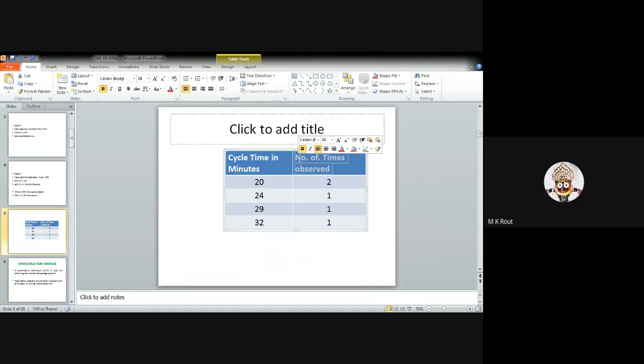The standard time of making a bolt. The performance rating of the worker is 105%. Calculate the standard time for the bolt.